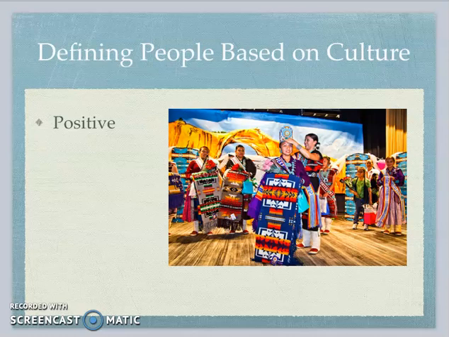And so that's one way that when we're defining people based on culture, it can give us a general idea of who they are and what they represent. But at the same time, there's also a danger. And part of that danger is that it can go ahead and create a stereotype.